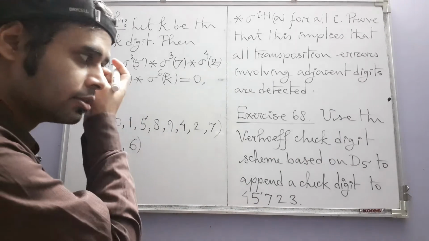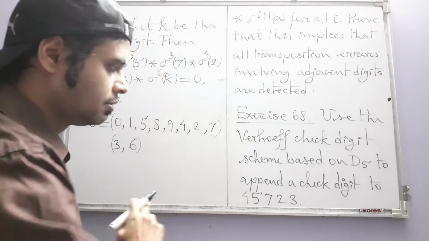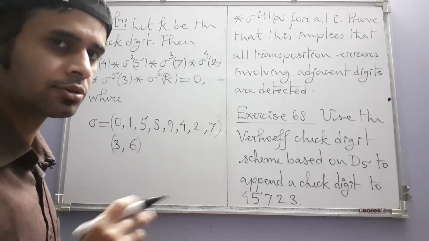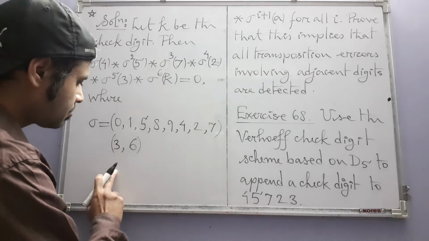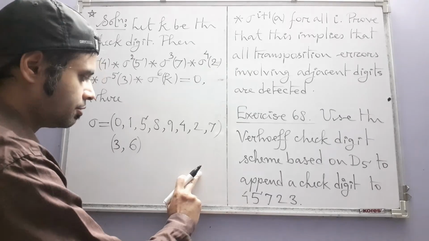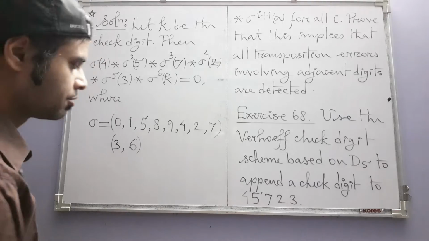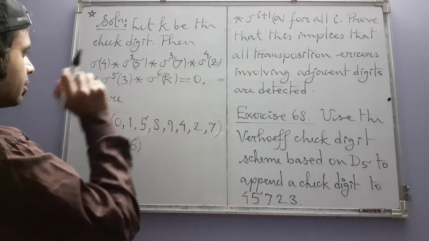We already understand these things, where these digits are interpreting the elements of D5 according to a scheme, where the first few elements are rotations and the rest of them are reflections. You know this thing. Okay, so now using this equation we have to calculate k.